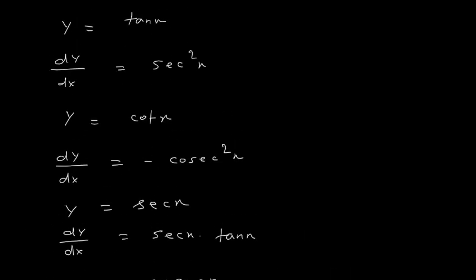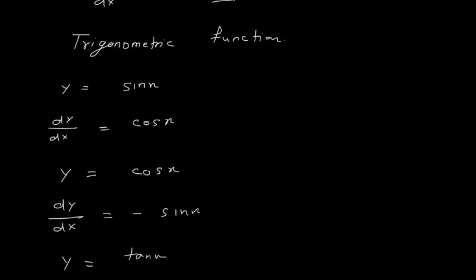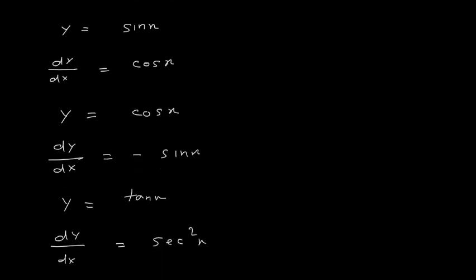Now, out of these 6 formulas, if you observe carefully, you only have to concentrate on 3 formulas. One is when y is equal to sin x, so the derivative of sine is cos. Now for the derivative of the second function, cos: after sine we have cos, then tan, then cot, then sec, then cosec.